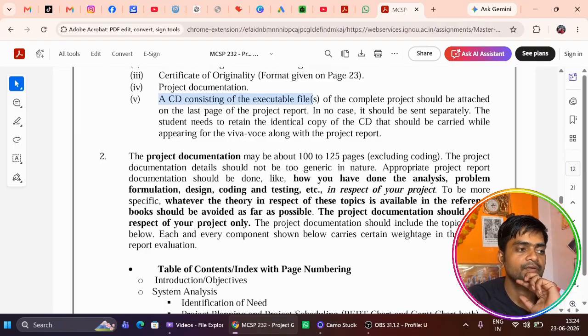Right now IGNOU is not taking the CD, and they require you to submit the project by link. They provide you a link where you have to upload it. So you have to ask your regional center or study center if the submission of CD is mandatory or not, or you can submit your project report through the link as well.